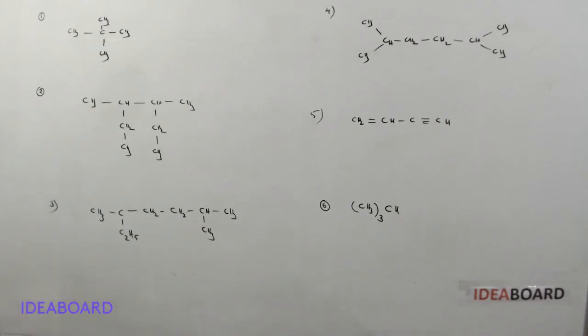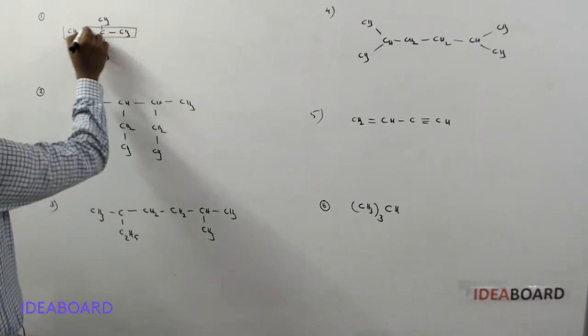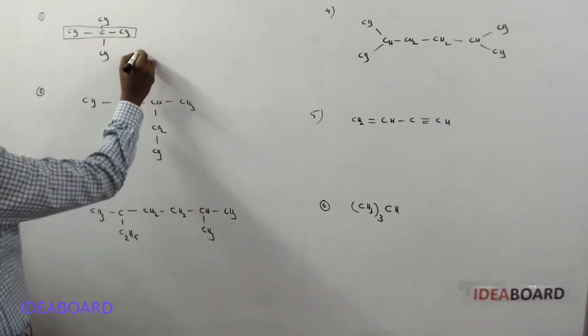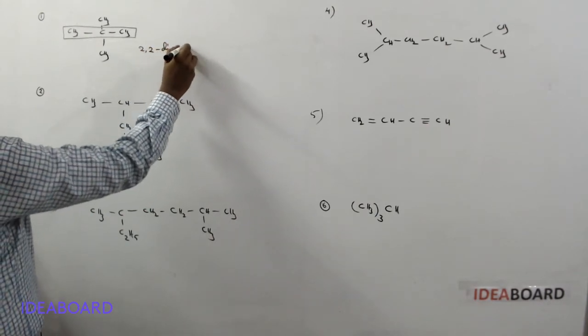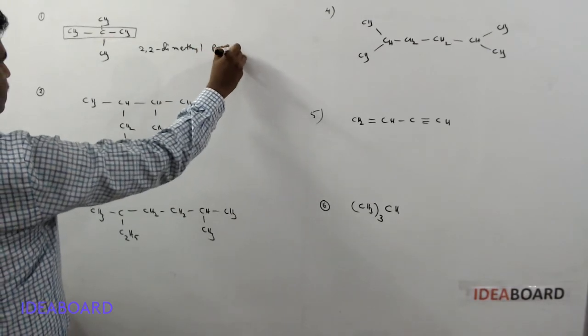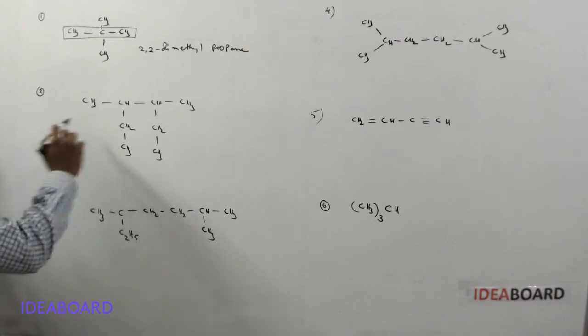What is the parent chain first? Yes, this is the parent chain. On the second carbon we have 2 methyl groups. So the name of the compound is 2,2-dimethyl propane.